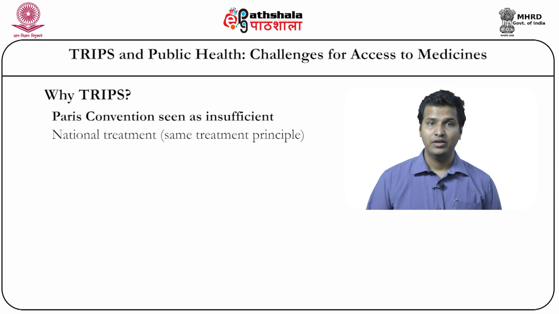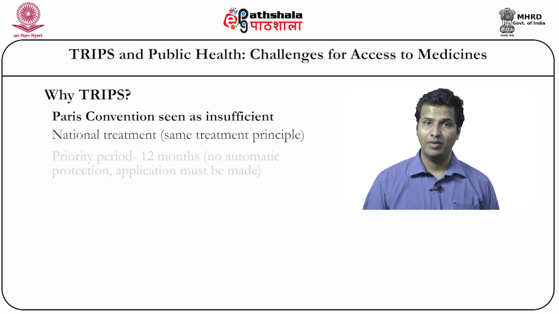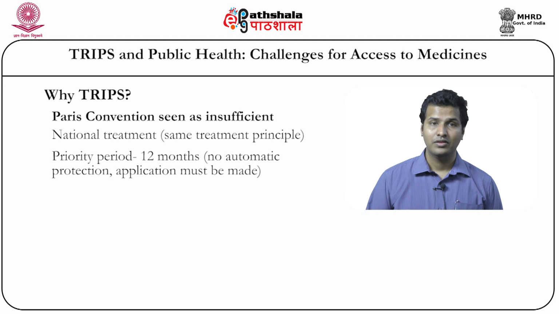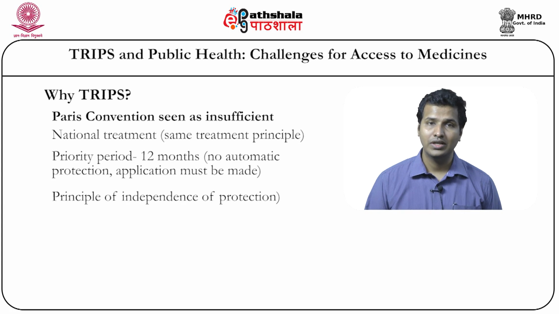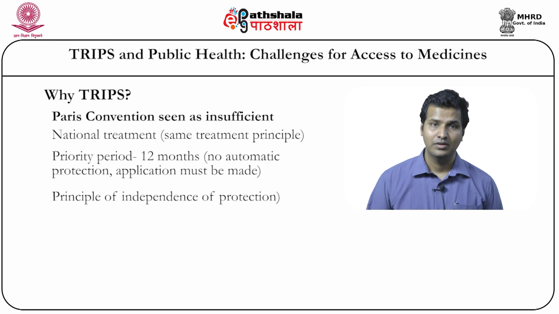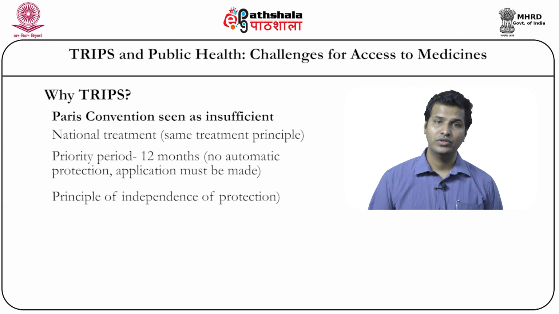The priority period for filing of intellectual property applications is provided as 12 months, and there is the principle of independence of patents. It means a WTO member country or a Paris Union member country shall not deny patents primarily because any other country has denied protection. So you will have to deal with grant or denial based on the domestic laws and not by relying on other laws. That cannot be a reasonable ground for denying patents.